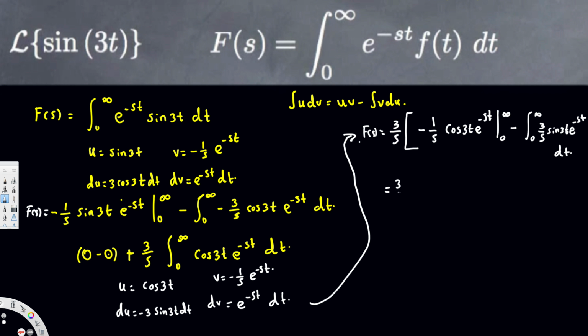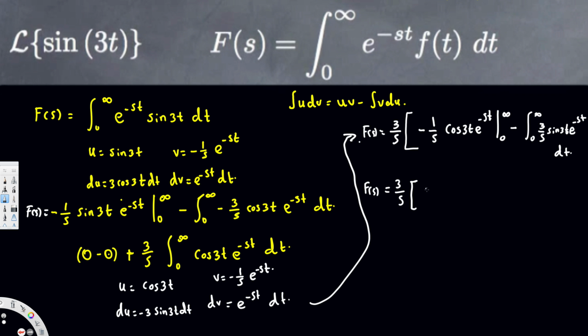Now let's see what happens if we plug infinity. If we plug infinity, here we have e power negative st, so this is going to become e power negative infinity. As we have seen before, e power negative infinity is equal to 1 over e power infinity, and we know that e power infinity is equal to infinity, so 1 over infinity is going to give us 0. So when we plug infinity, this term is going to be 0, right?